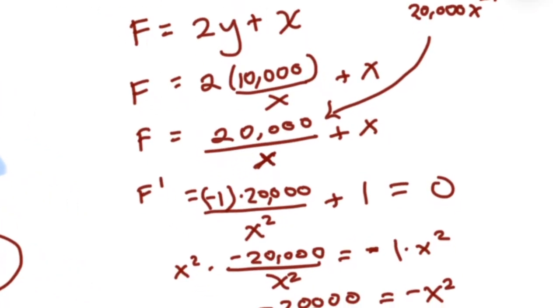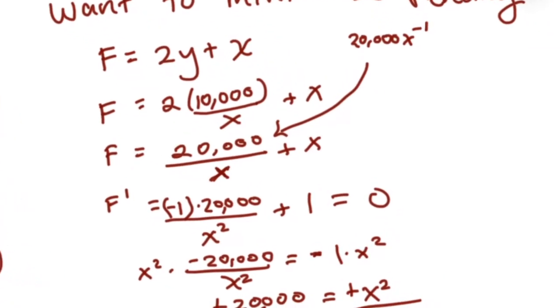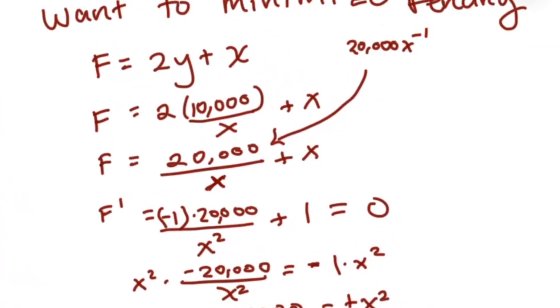If I have negatives on both sides, I can get rid of it by multiplying by negative 1 on both sides, and they'll just become positive. And then the square root. So x equals the square root of 20,000. What a mess. Okay. We might have to simplify this a little bit on the calculus exam, but we'll leave it like that for now.